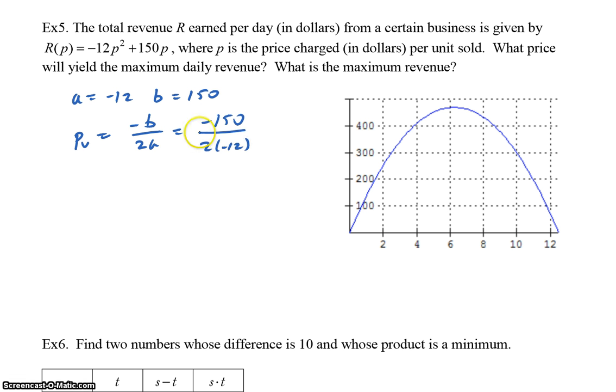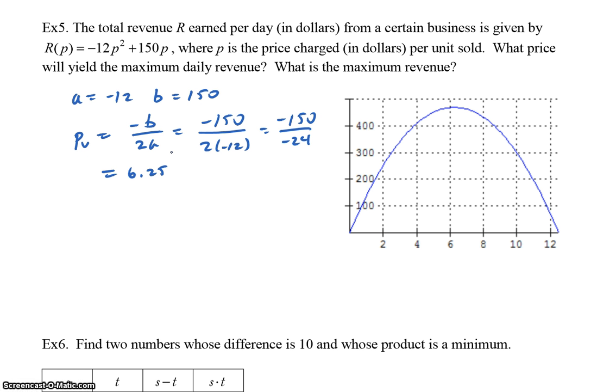That is negative 150 divided by negative 24. And that works out to be 6.25. So what we would normally call the x-coordinate of the vertex, here we call it the p-coordinate, is 6.25.